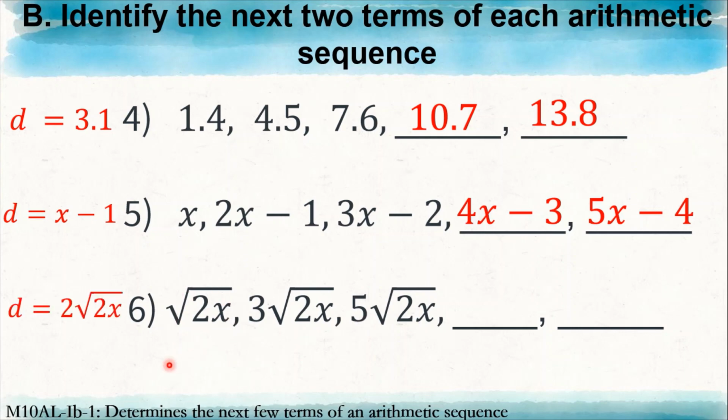So, the common difference is 2 square root of 2x. So, to get the next term, i-add natin 5 square root of 2x plus 2 square root of 2x. I-add lang natin yung mga numbers na nasa labas. So, ang mangyayari is 7 square root of 2x. Just copy the radical expression. Then, plus 2 square root of 2x. The answer is 9 square root of 2x.